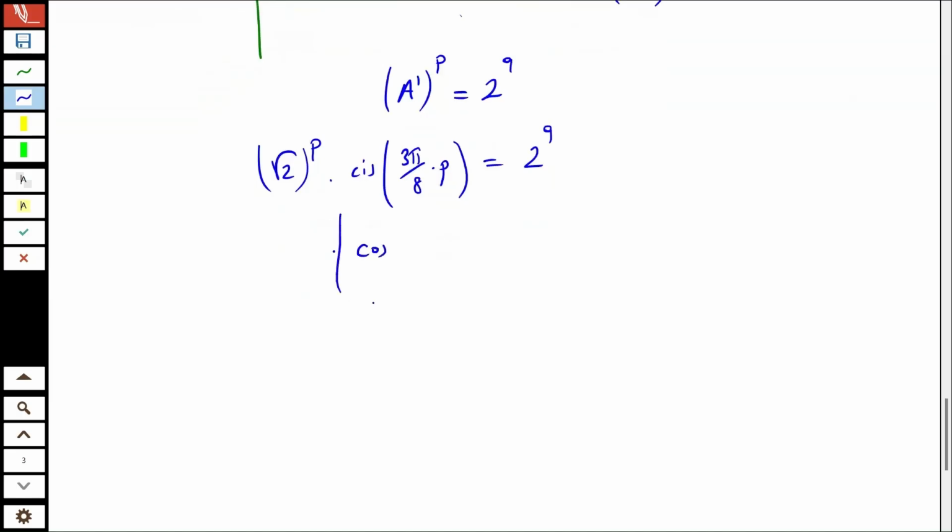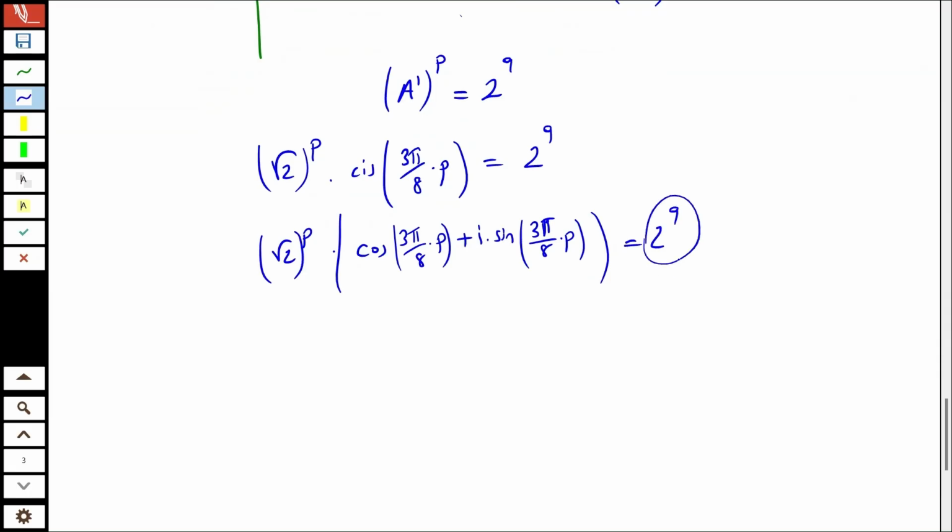For example, what we'll see is cosine 3 times pi over 8 times P plus I times sine, again 3 times pi over 8 times P. So we are looking for a real number, not an imaginary number. In this case, we need to cancel this part.